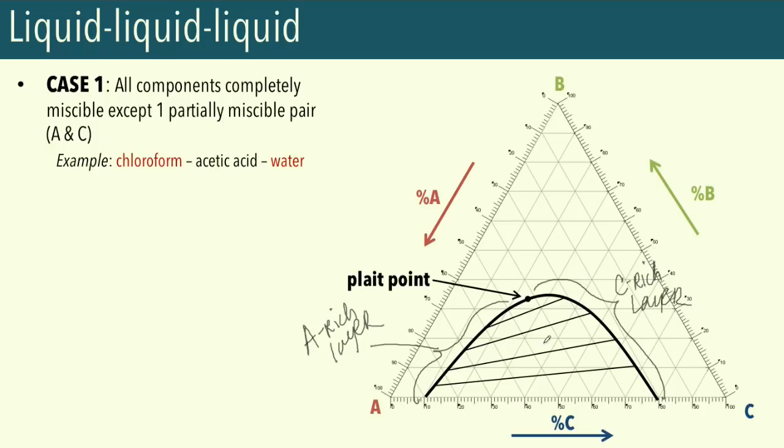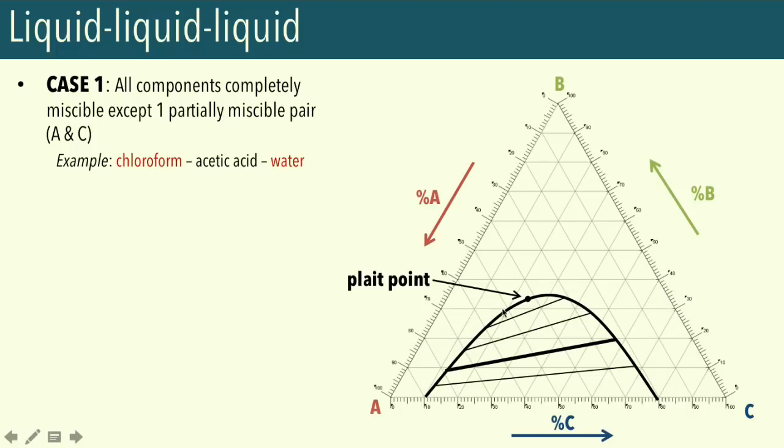So overall, if you're within this region here, our solution splits into two parts, the A-rich layer and the C-rich layer. For example, whichever composition we have, as long as it's along this tie line, say we have a mixture that is 20% C, 70% A, and 10% B, the compositions of our A-rich and C-rich layers are going to be as follows.